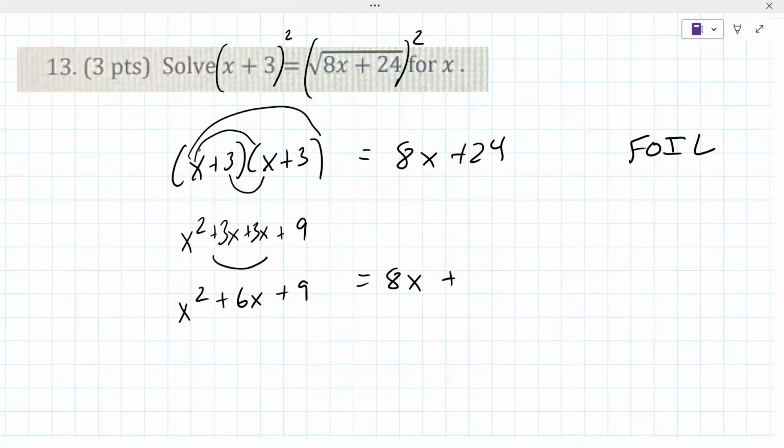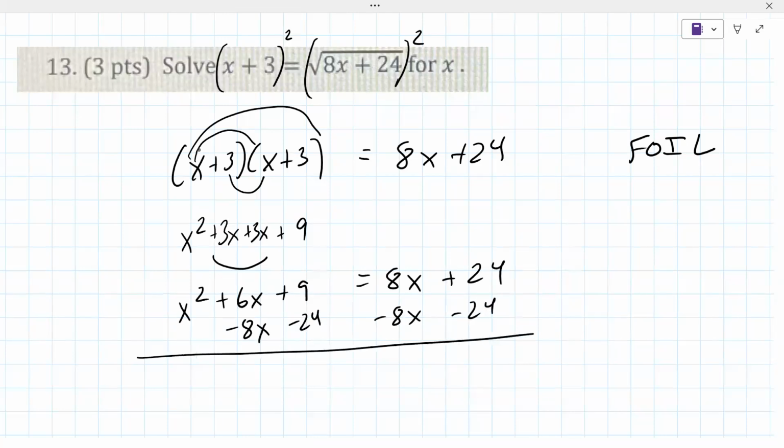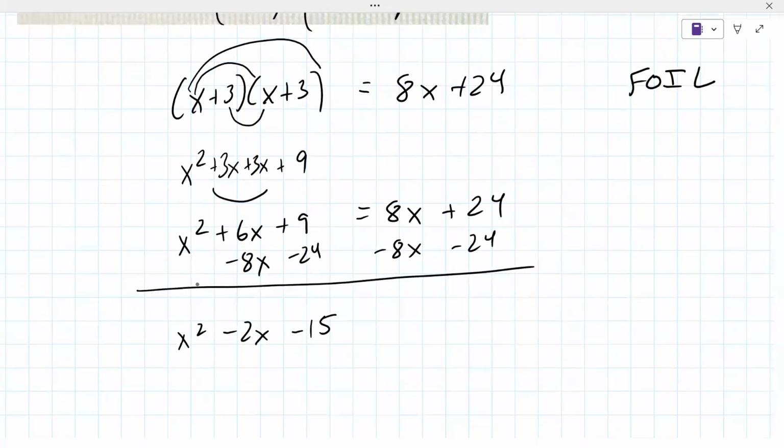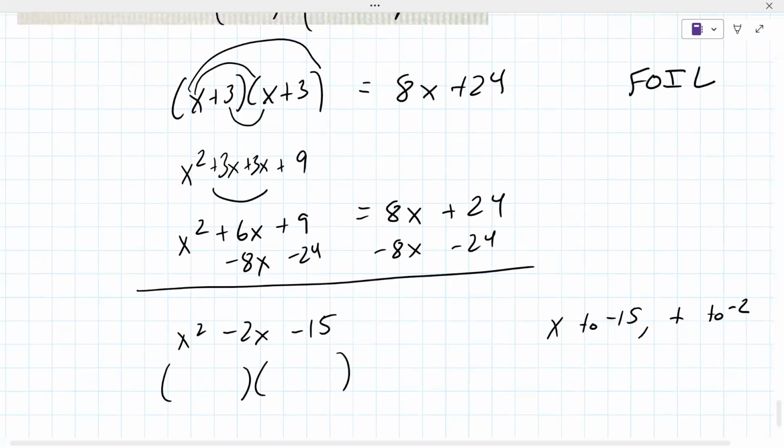equals 8x plus 24. So now you want to move everything left. The reason we want to move it left is that we want x squared to be positive. When you subtract, you want to put those like terms underneath each other. So it ends up being x squared minus 2x minus 15. Now you're looking for two numbers that multiply to minus 15, but add to negative 2. -5 and 3.